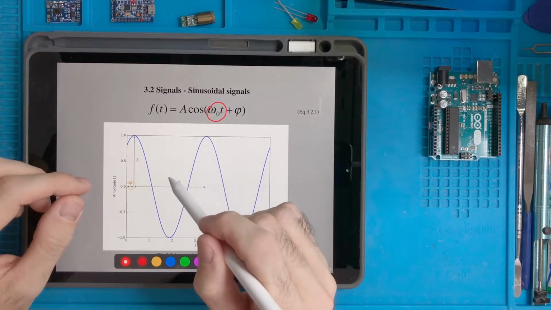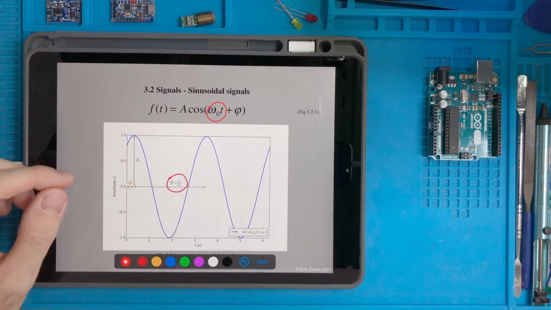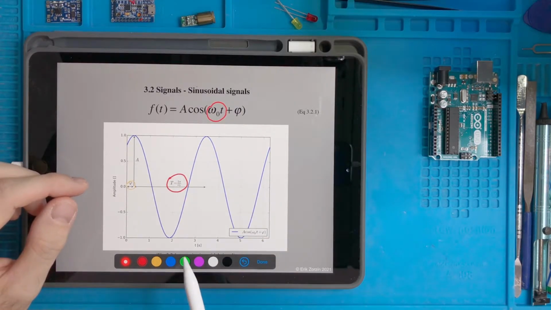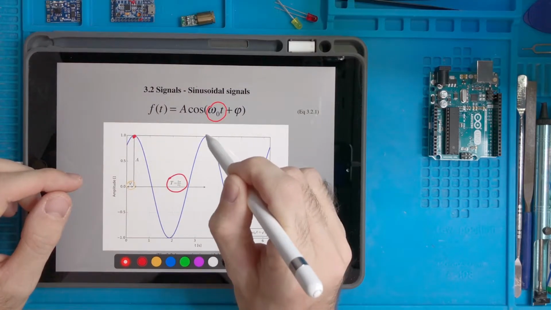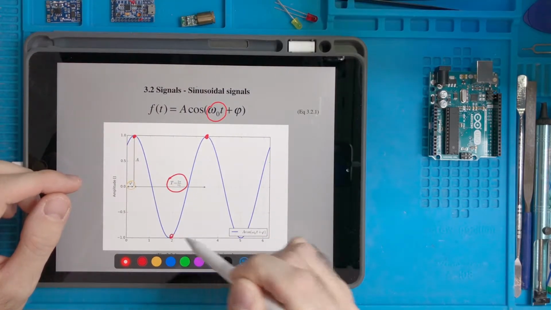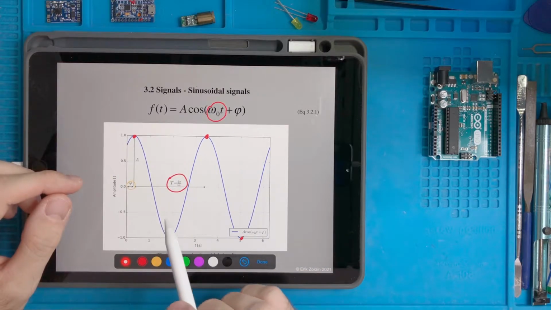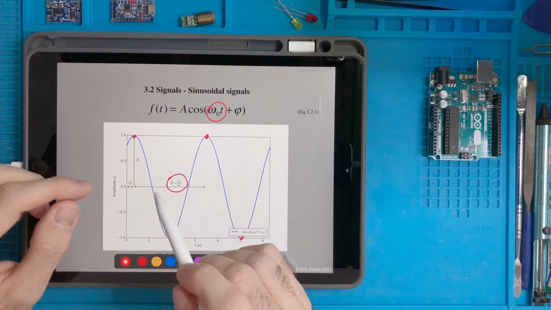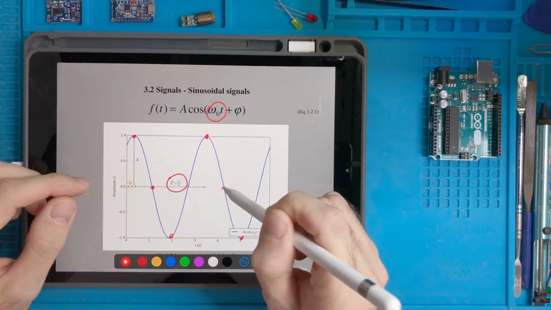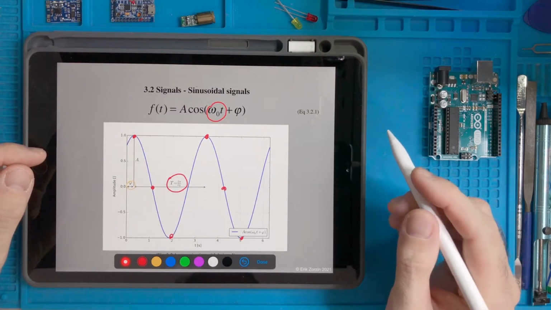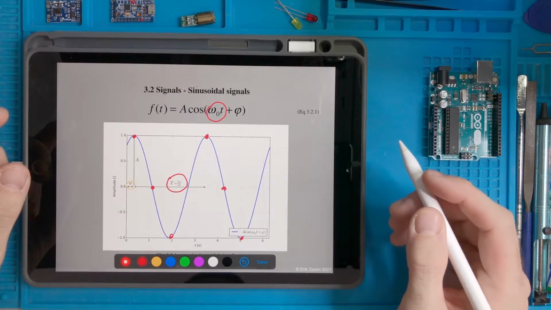Capital T is the period, which is the distance in time between two consecutive peaks or valleys or whatever corresponding points like these things. Omega is measured in radians per second.